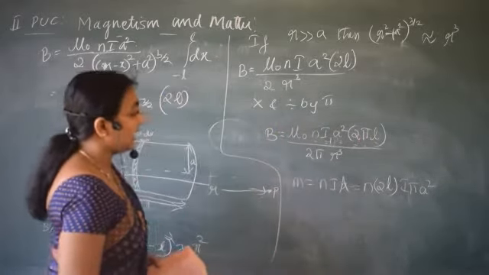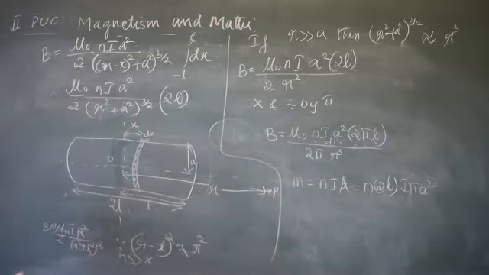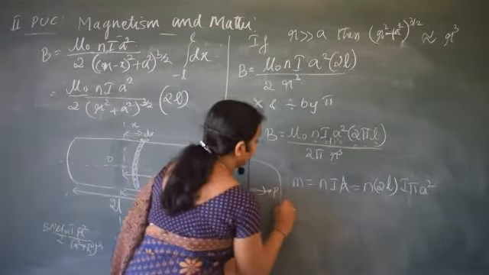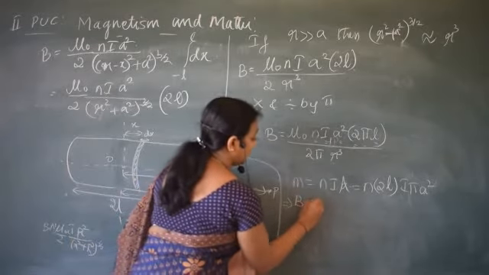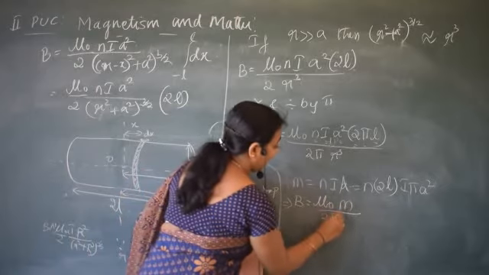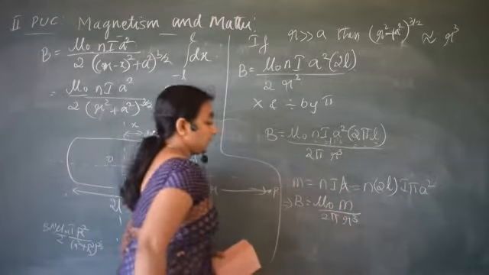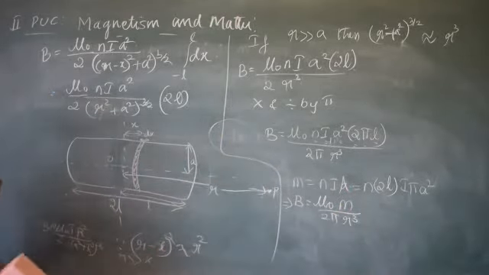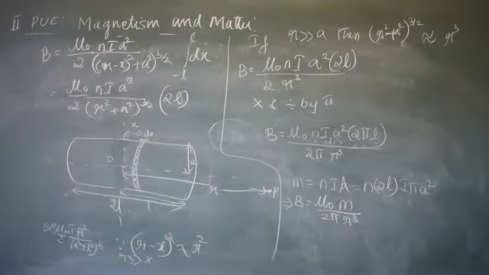So for this entire I can write it as m. Correct? Mu naught m by 2 pi r cube. This implies B is equal to mu naught m by 2 pi r cube.